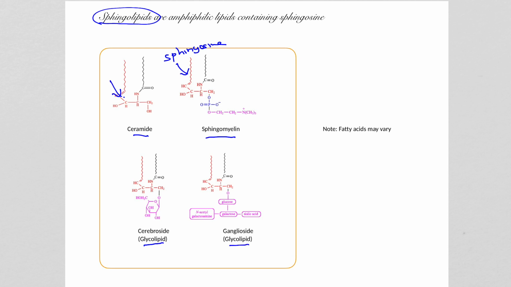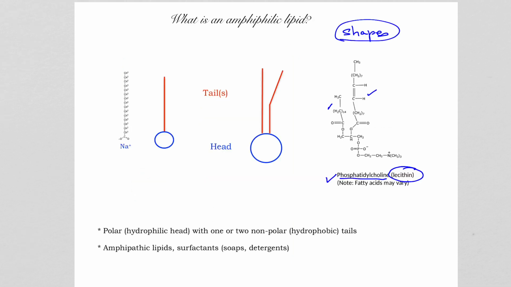Okay, these all contain sphingosine and therefore are called sphingolipids. Any amphiphilic lipid that has phosphate can also be called a phospholipid. So sphingomyelin is a phospholipid as well as a sphingolipid. Phosphatidylcholine is a phospholipid. It is not a sphingolipid, it doesn't have sphingosine, but it is a phospholipid.